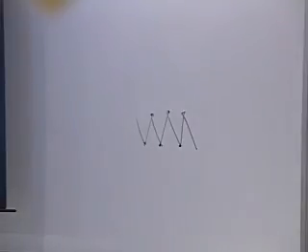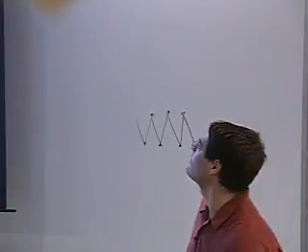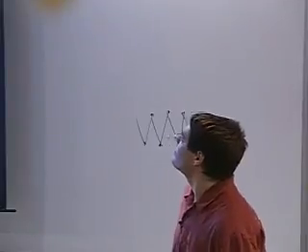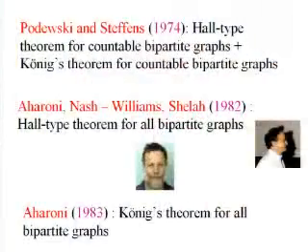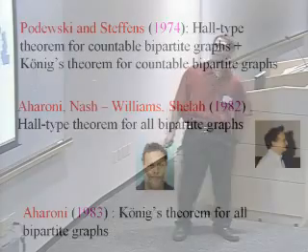Now, let's show some history of this thing. In 1974, Podewski and Steffens, for the bipartite case, proved something like Hall's theorem. Hall's theorem itself is not true for the infinite case, but there's something like Hall's theorem that is true, and they used it to prove Koenig's theorem for countable graphs.